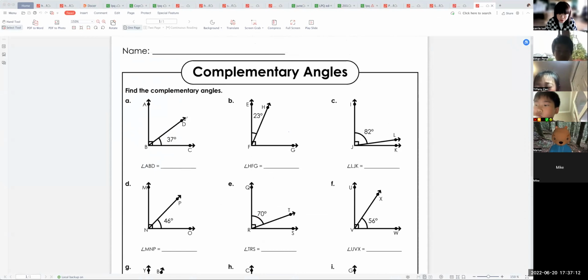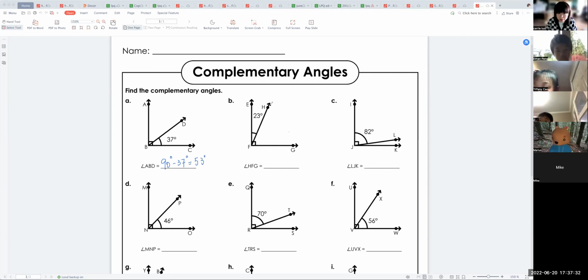For instance, angle DBC is 37 degrees, and we know ABC is 90 degrees. So what is the degree of ABD? It's 90 degrees minus 37 degrees equals 53 degrees.